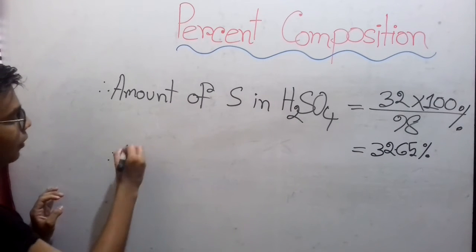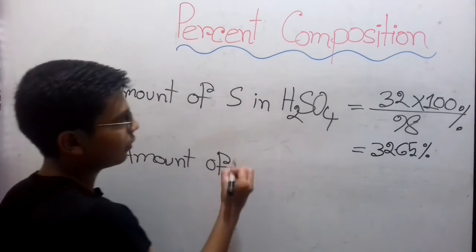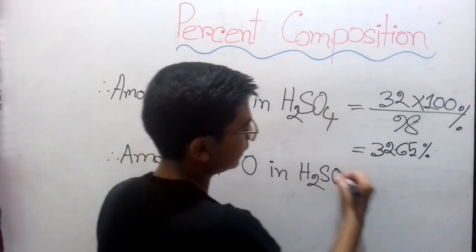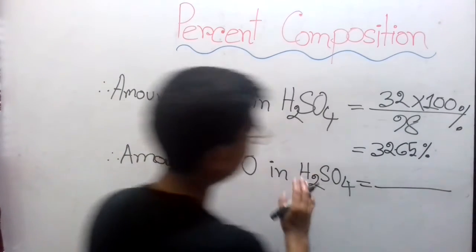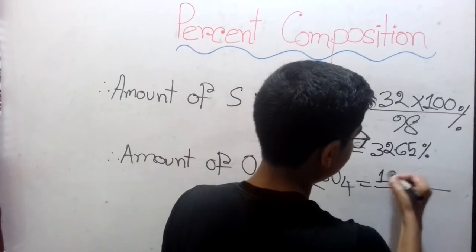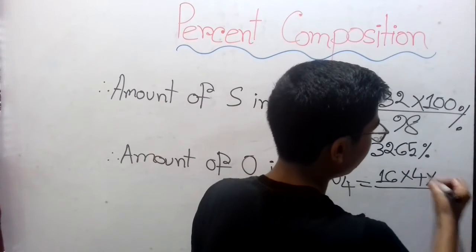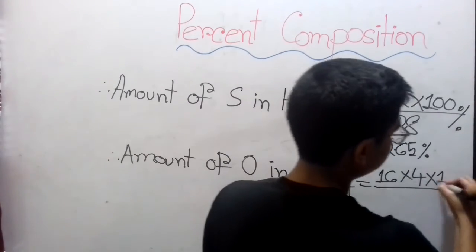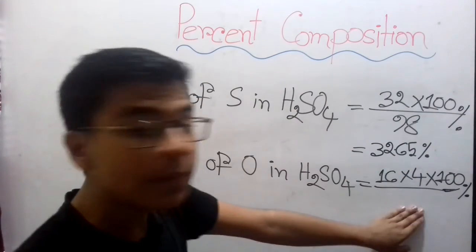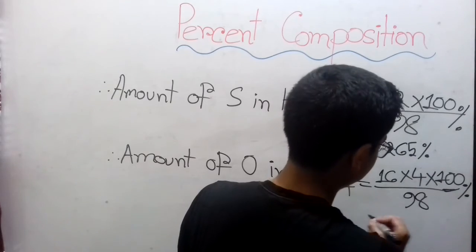Therefore, the amount of oxygen in sulfuric acid: first we write the atomic mass of oxygen, that is 16, and the number of atoms, there are 4 atoms, so we multiply by 4, then into 100, with a percent sign, divided by the molecular mass of the compound, that is 98.